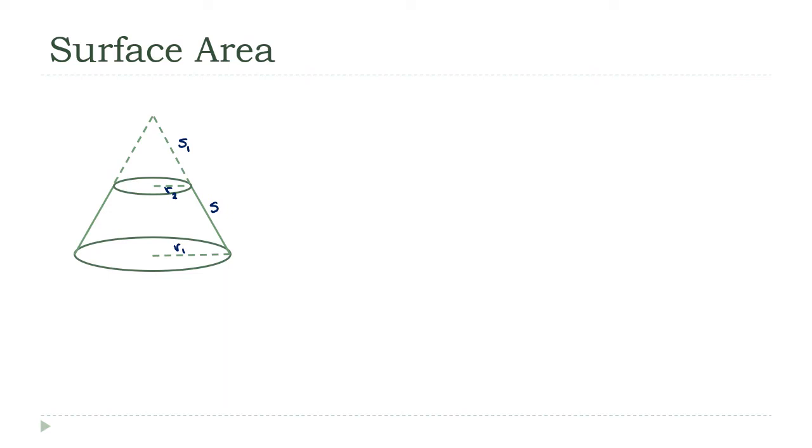All right, so what do I know? Well, the surface area of my frustum is equal to the surface area of the big cone. That's going to be pi r1 (s plus s1) minus the surface area of the smaller cone. That's pi r2 s1.